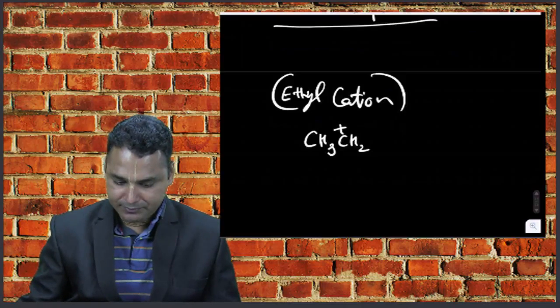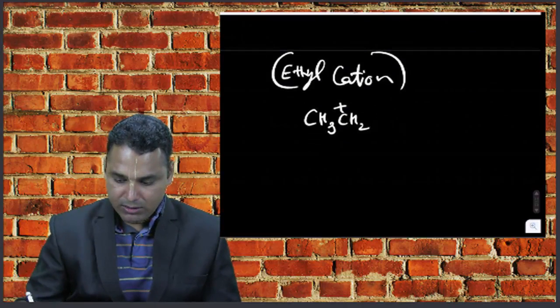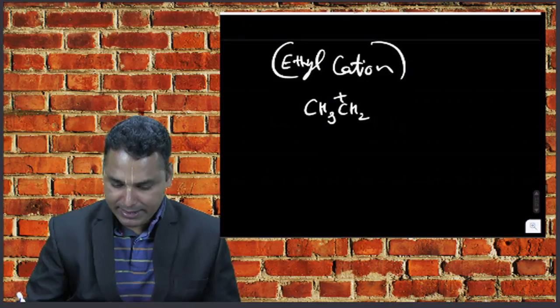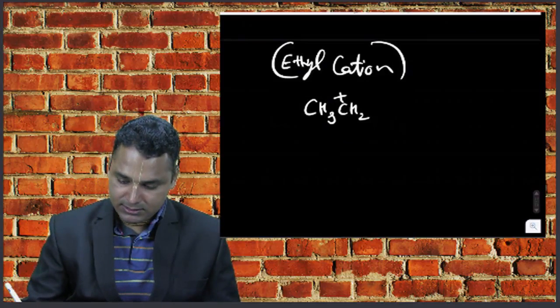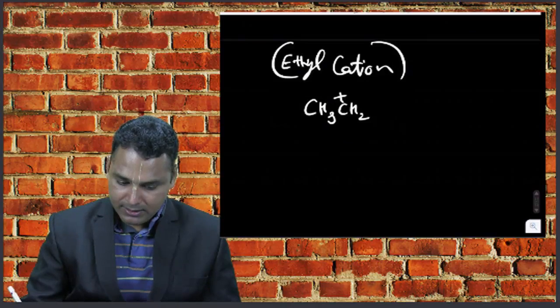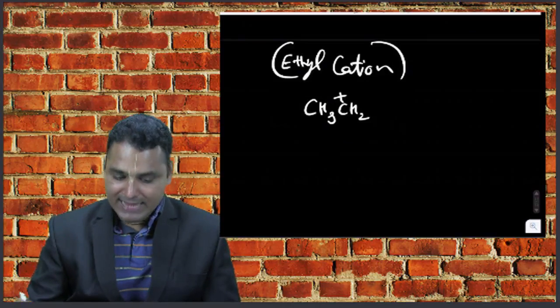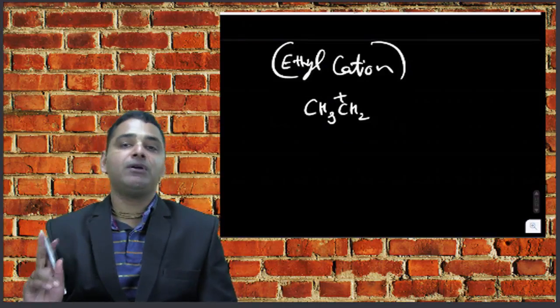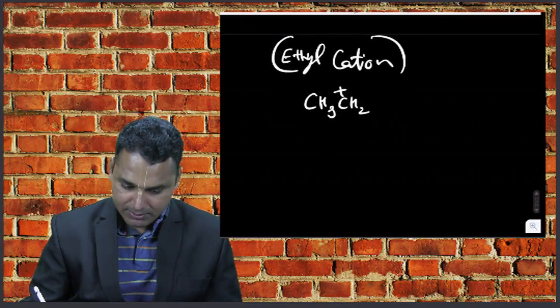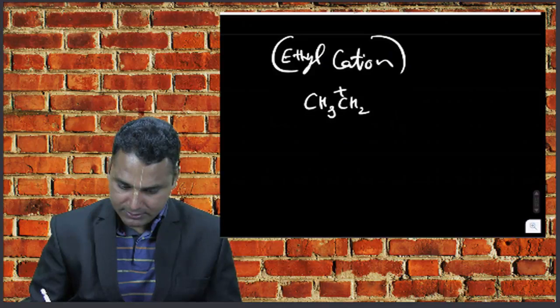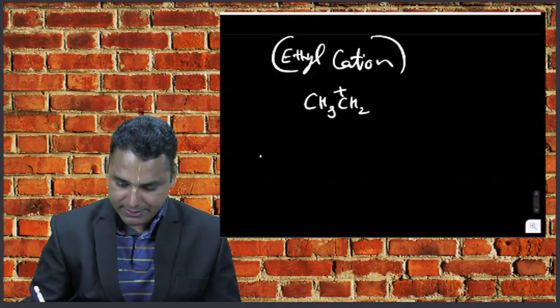Now this carbon atom, the CH2 carbon atom, which is positively charged, has an empty p orbital.